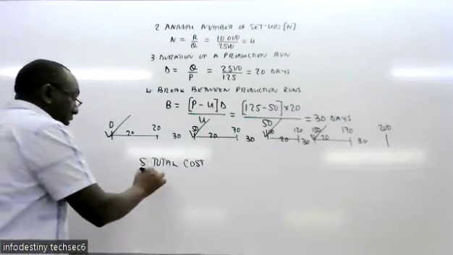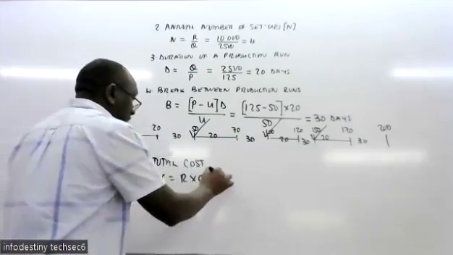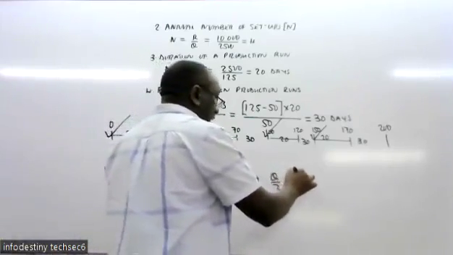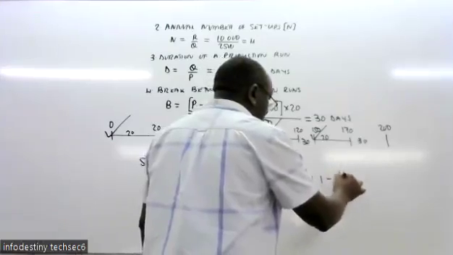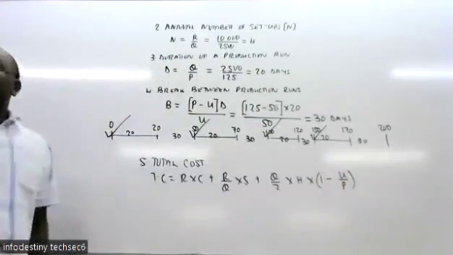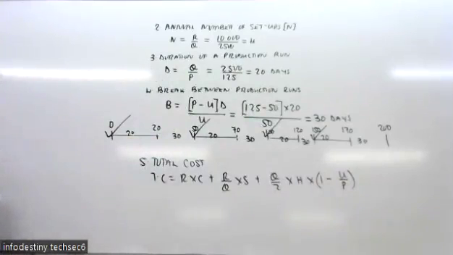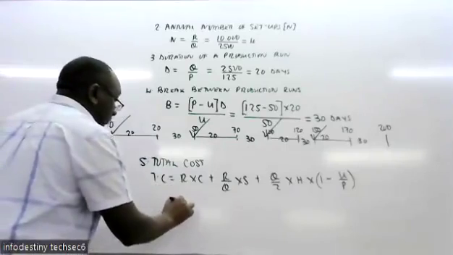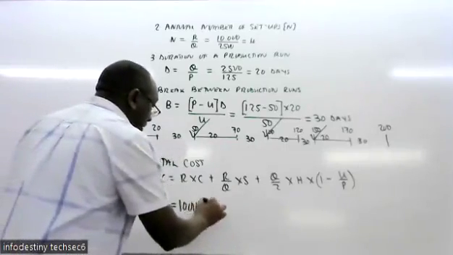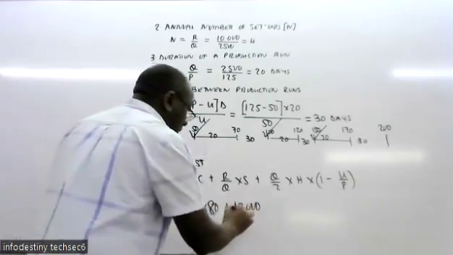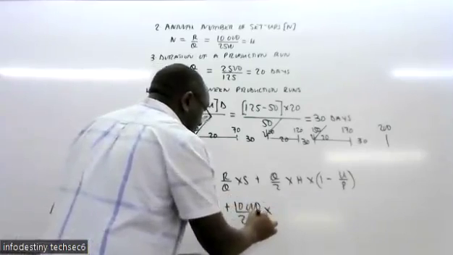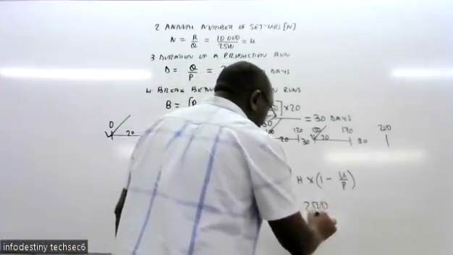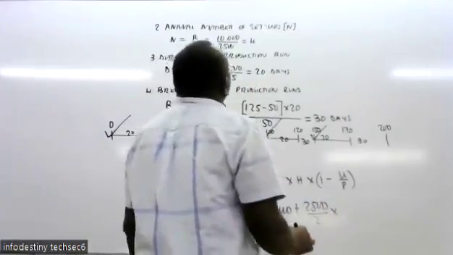So total costs is given as R times C plus R out of Q times S plus Q out of 2 times H times 1 minus U out of P. So this now becomes 10,000 multiplied by 80 plus 10,000, you divide by 2,500 times 3,000, the cost per setup, plus 2,500, you divide by 2, multiplied by H equals to what?